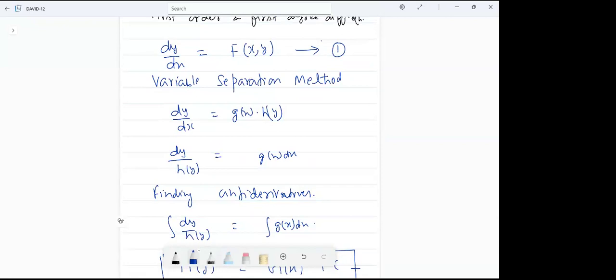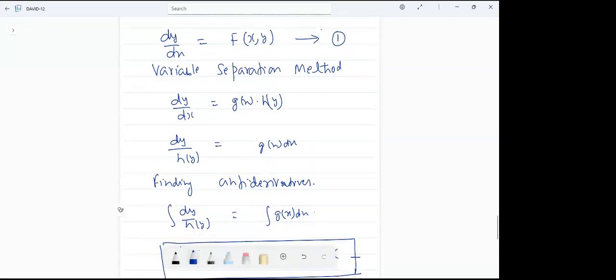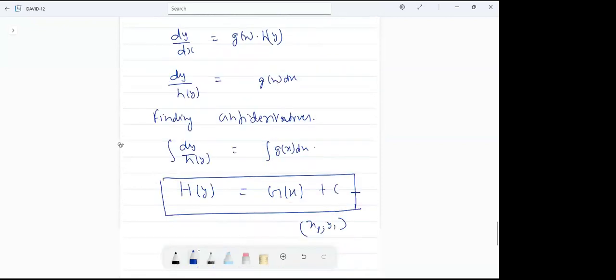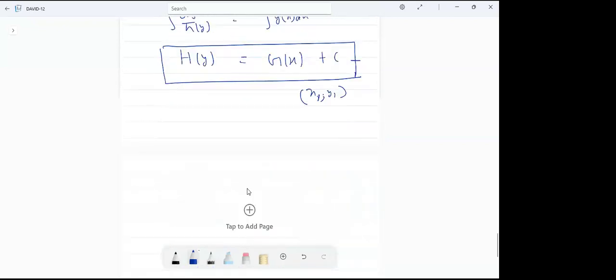So this is the method used to solve the differential equation when we can write g(x) into h(y).